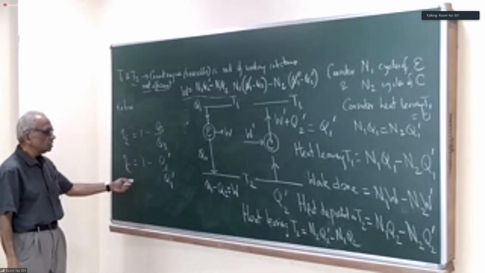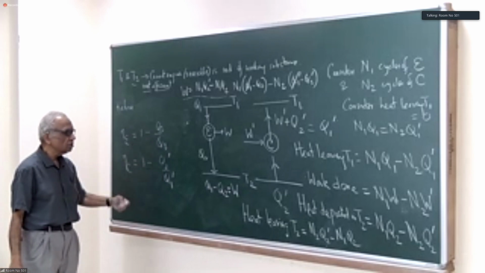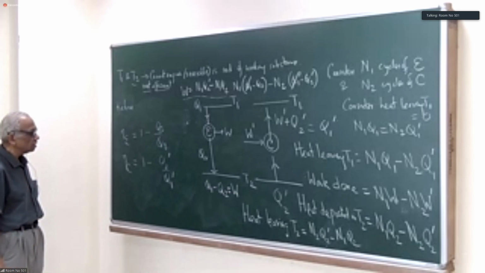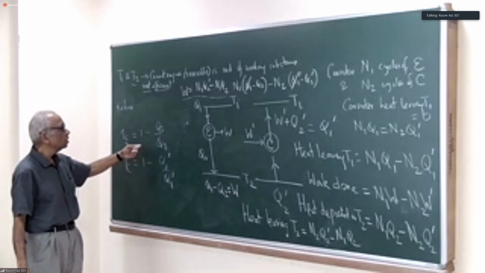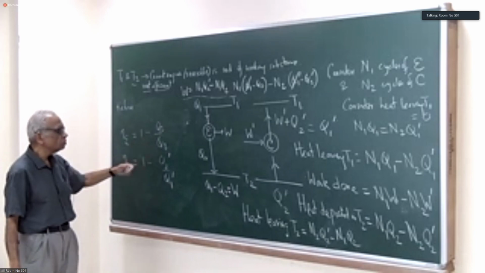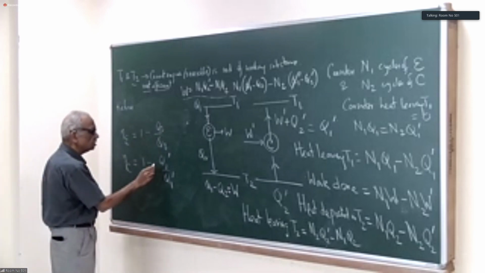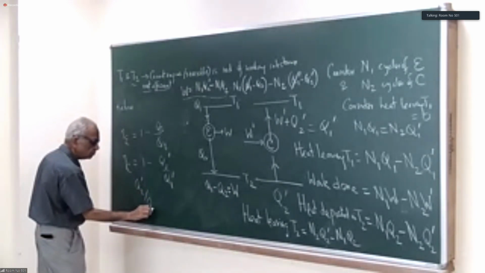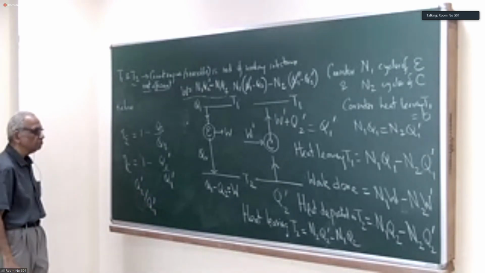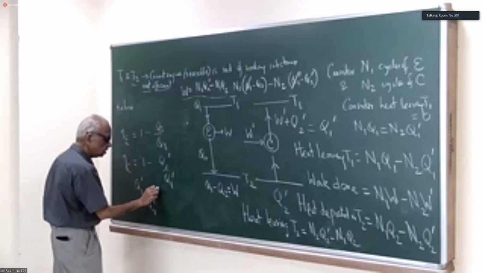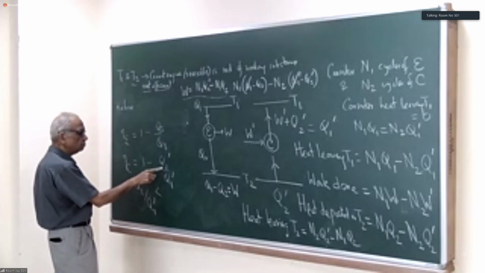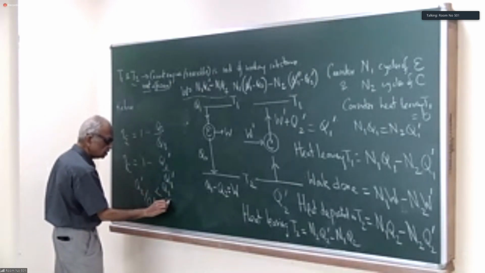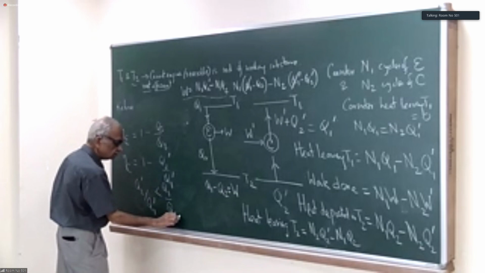So what you want to show is that Q2 prime over Q1 prime has to be smaller than Q2 over Q1.